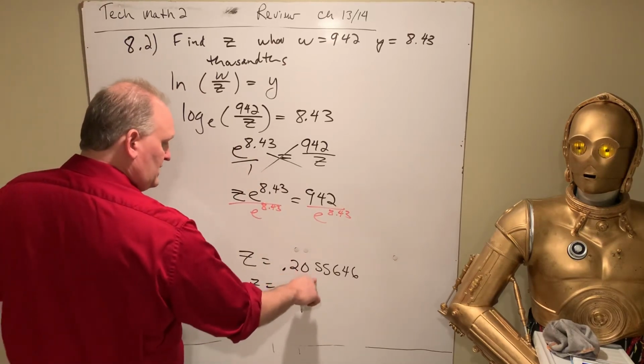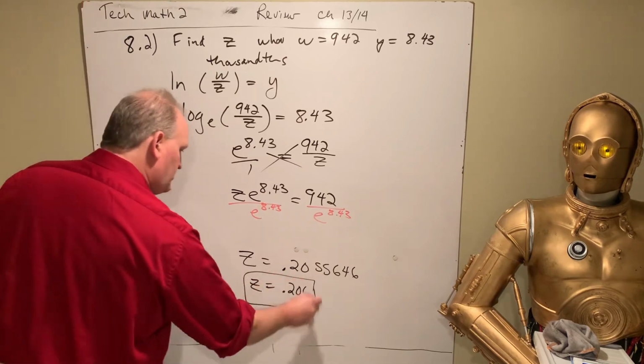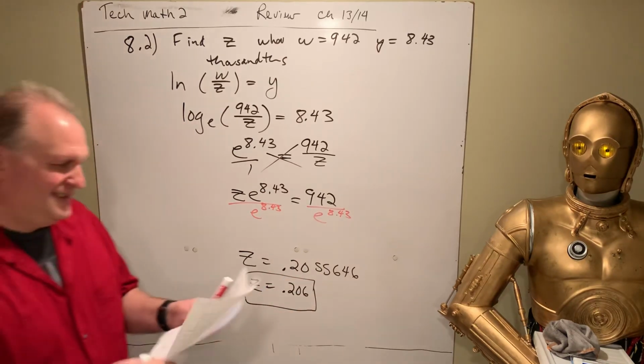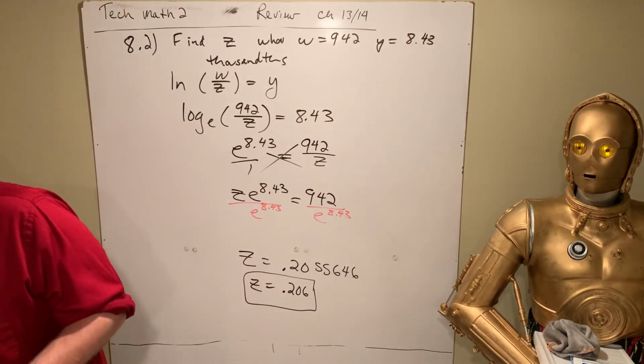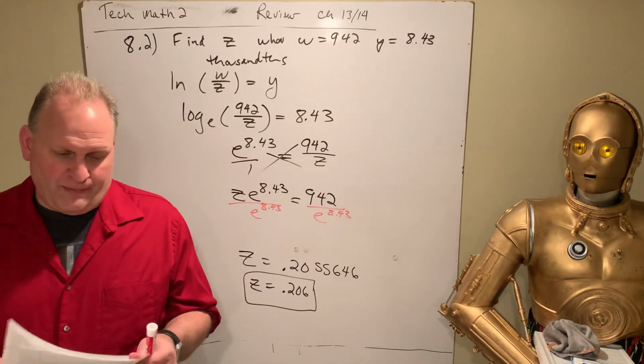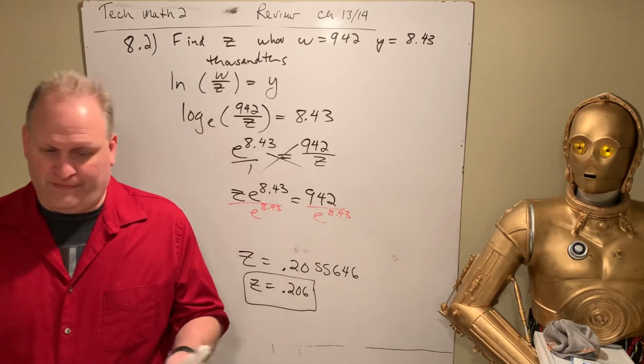Thousandths, tenths, hundredths, thousandths, 0.206. Okie dokie, artichoke. Awesome. So that's pages 1 and 2 from my worked out note packet. So I'm going to end this video now, and then I'll do a second and a third video.